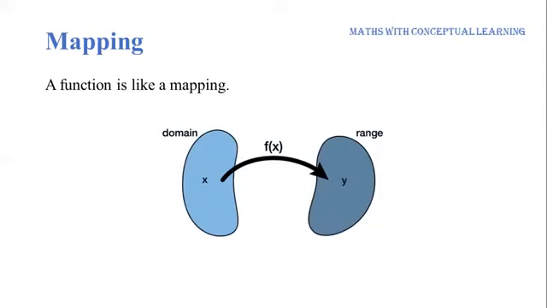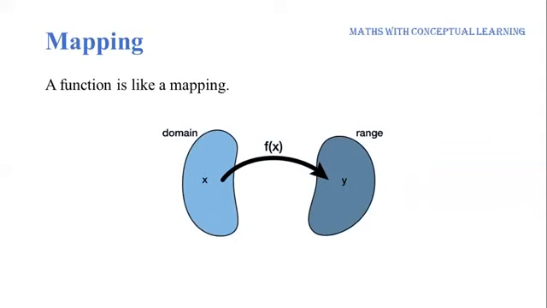Mappings. Mapping is another concept of a function, and it's a type of relationship. In this relation, each element of the domain is paired with exactly one element in the range.